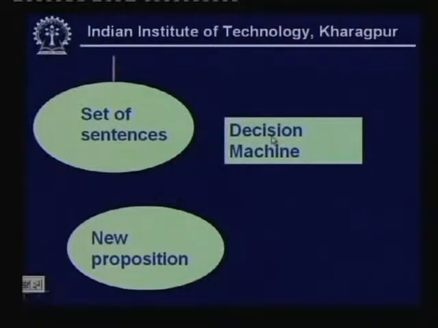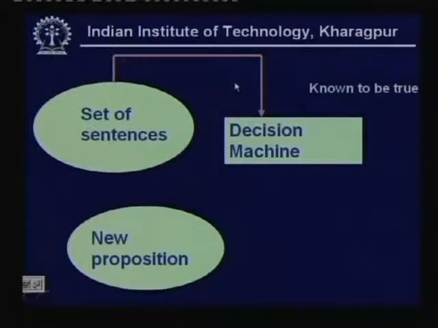The decision machine takes this set of sentences which are known to be true. Suppose I have told some geometry theorems to our machine. These theorems are already proved and known to be true, and I have a new theorem, a new rider, that I want to prove.